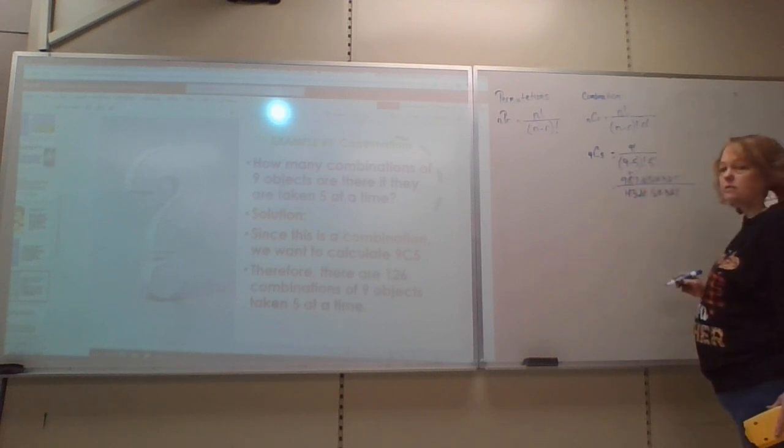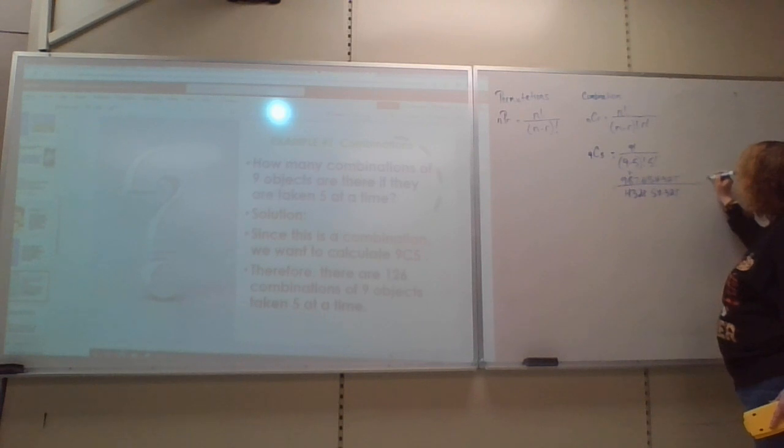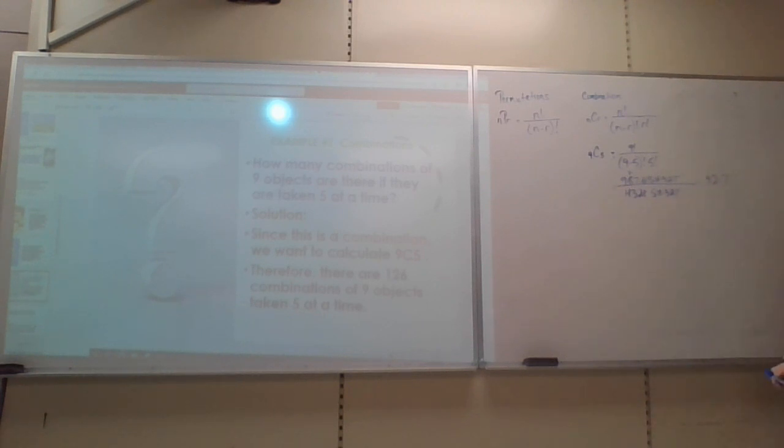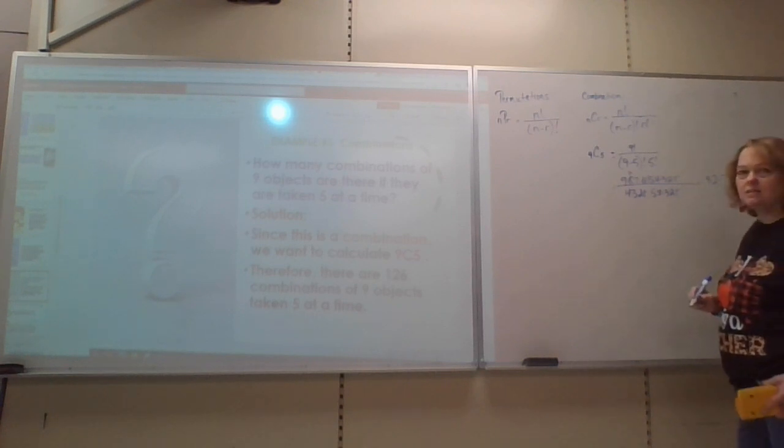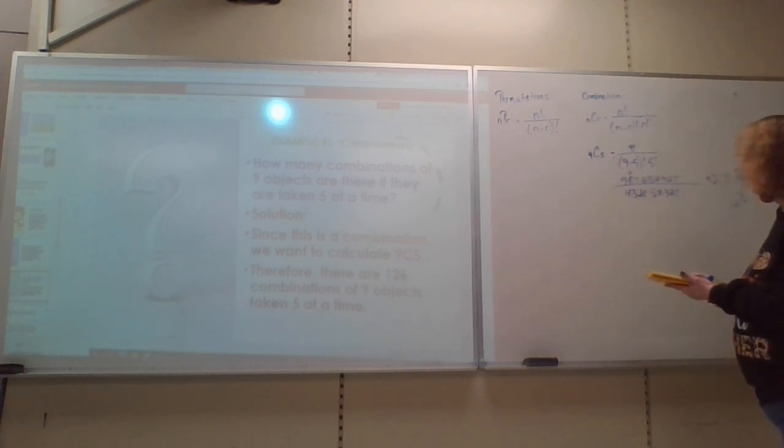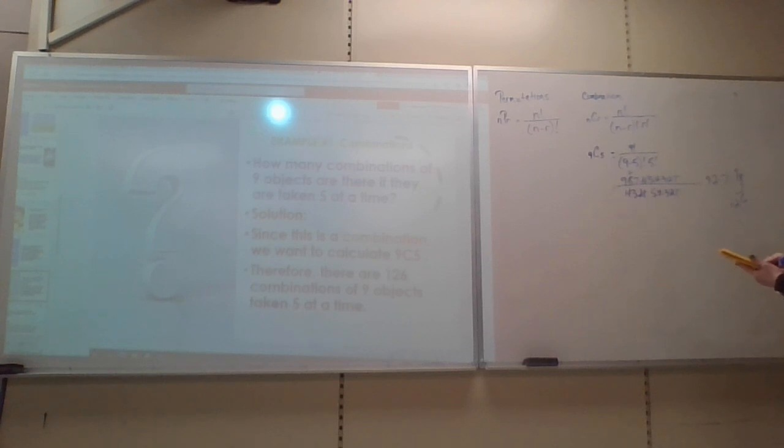So now I have 9 times 2 times 7, all over 1. 18 times 7 is 126. We're at 126. So if you did it on your calculator, you put 9, combination, 5, enter: 126.